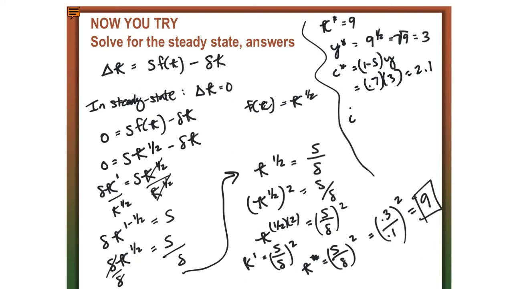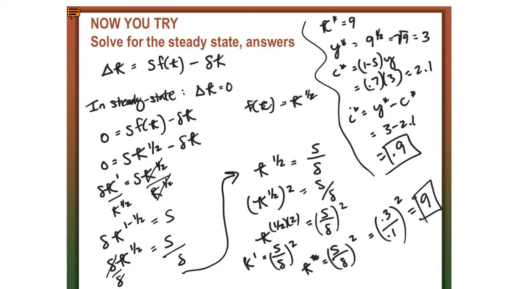So investment, whatever is left over, this is going to be i star is equal to y star minus c star, which is equal to 3 minus 2.1, which is equal to 0.9. So now we have solved for all of the important variables in this model, purely using algebra.